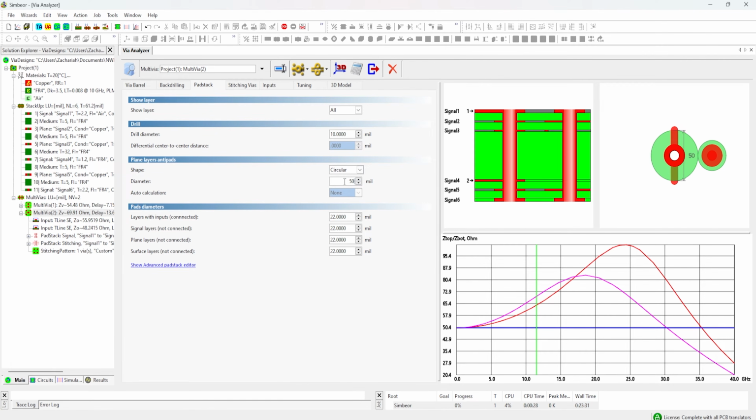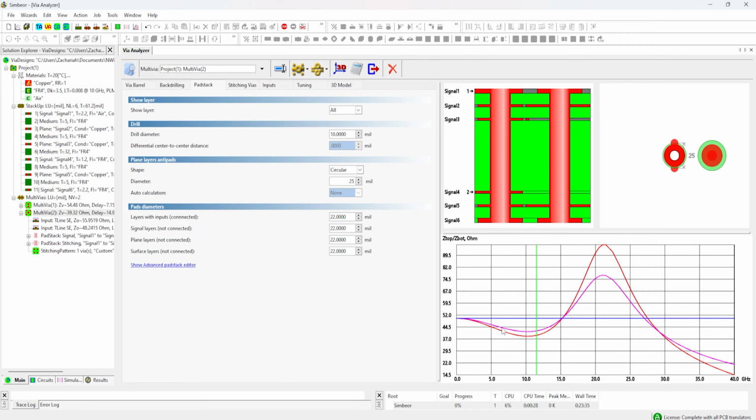Now, if we make this via antipad really small, like let's say 25 mil, you can see here that the capacitance of the antipad takes over. And instead of looking inductive at lower frequencies, it actually looks capacitive at lower frequencies and then starts to look inductive again.